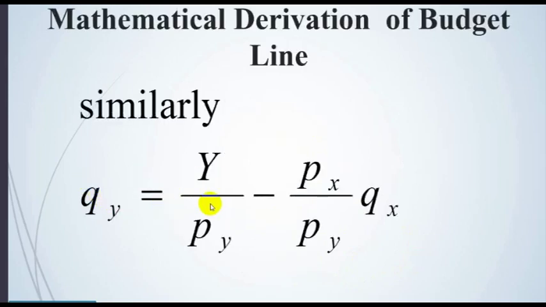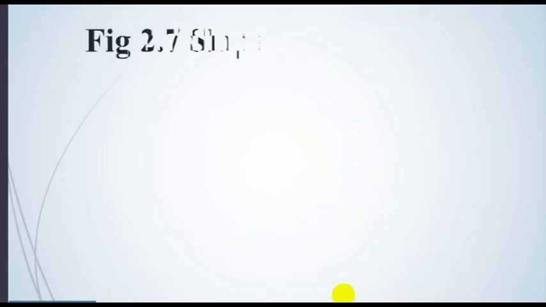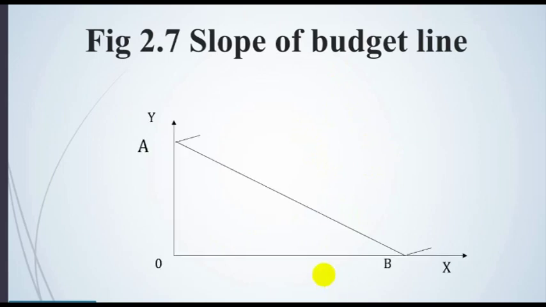Similarly, Qy is equal to Y over Py minus Px over Py Qx. If Qx is equal to 0, Qy is equal to Y over Py. Slope of budget line.